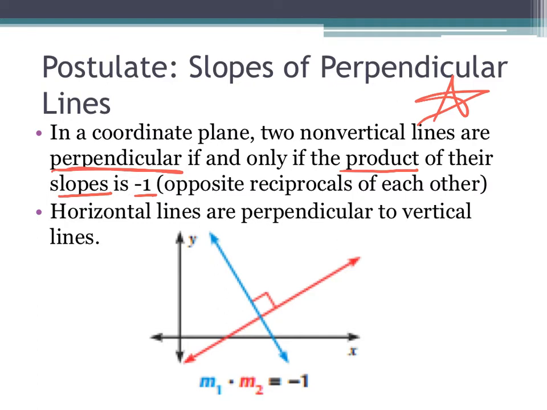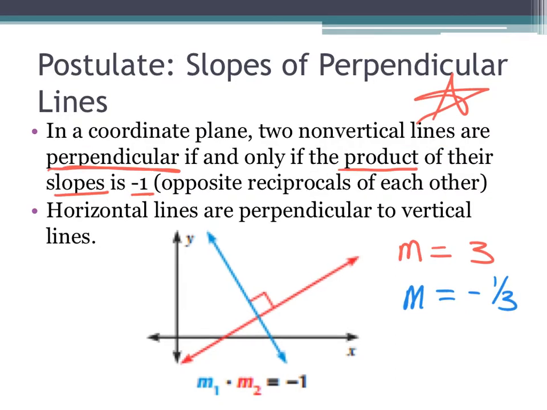But I'm going to show you a much easier way to tell whether things are perpendicular or not. So let's say that I have a slope of 3. One of my lines has a slope of 3. And the other one has a slope of -1/3.